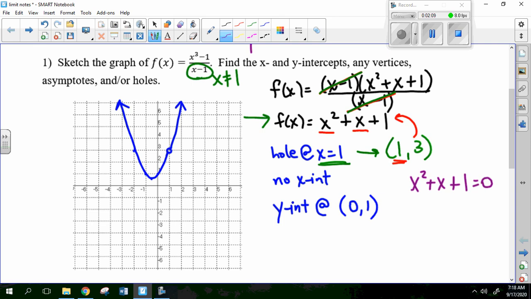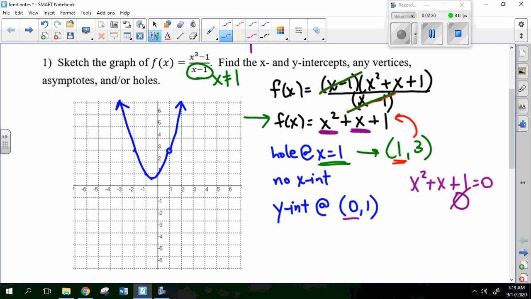But because it came from a cube, it doesn't factor, and it will always give me an imaginary root. So that has no real solutions, so there's no x-intercept. And for my y-intercept, remember you plug 0 in for x in the reduced function, and you get 1 for your y value.